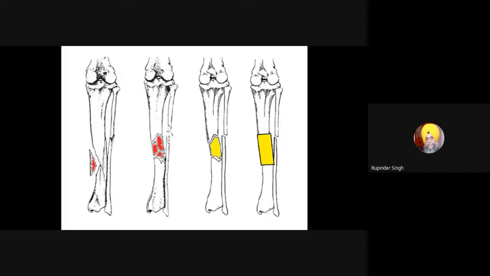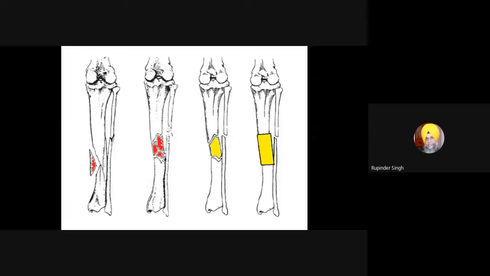Even when the fracture configuration is stable, like in the fourth image on the extreme right, these fractures may be stabilized even with a simple pin.